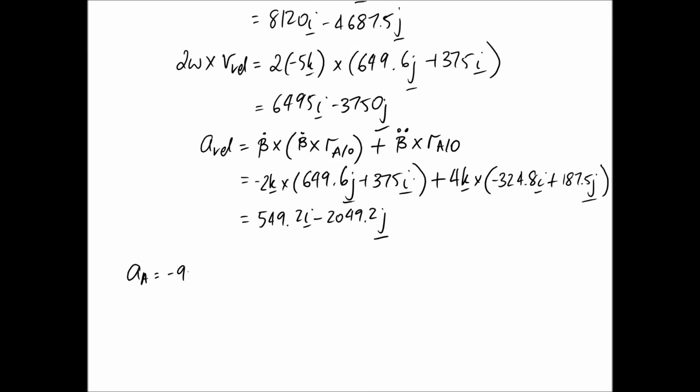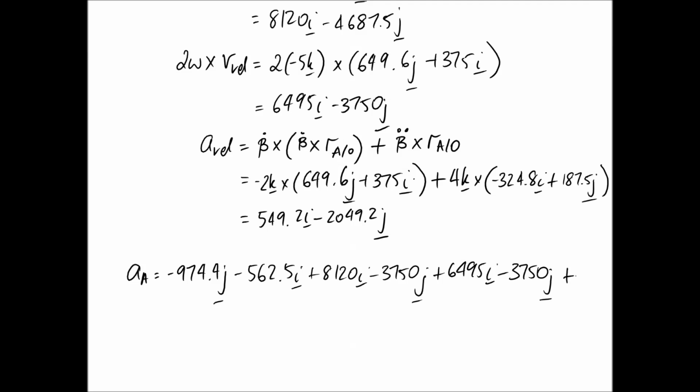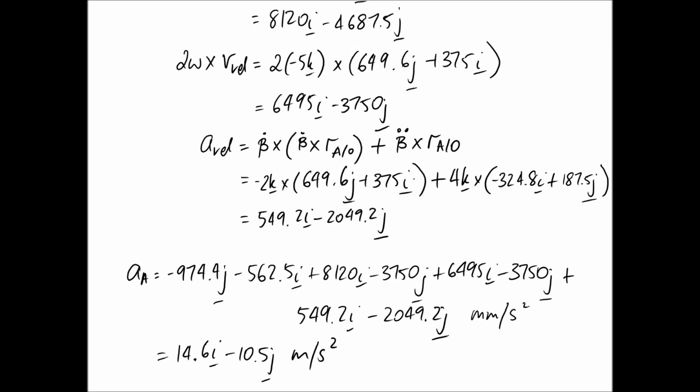So subbing it in, we end up with that, and when you simplify this down, it comes to be about 14.6i take 10.5j, and this is in meters per second squared, so I just divided all of this by 1,000 because it was in millimeters per second squared.